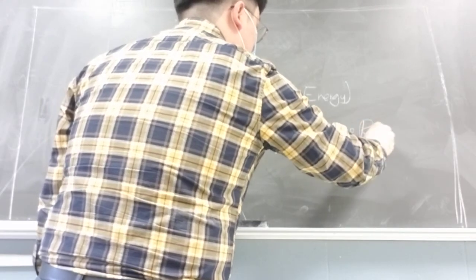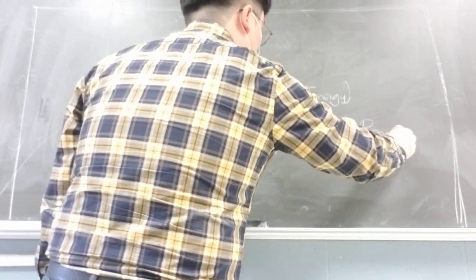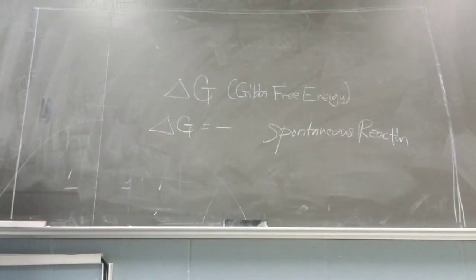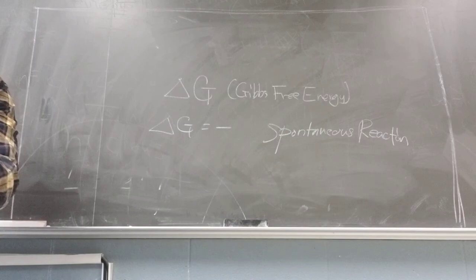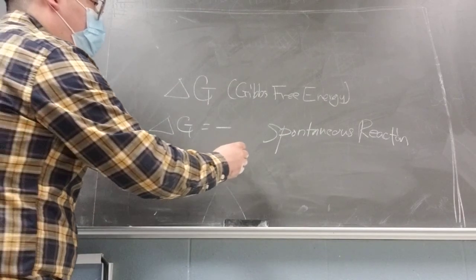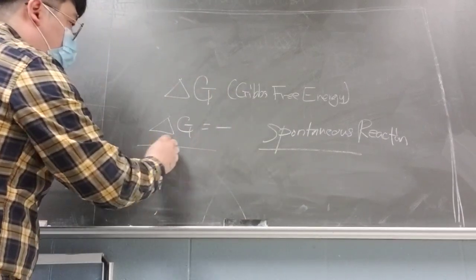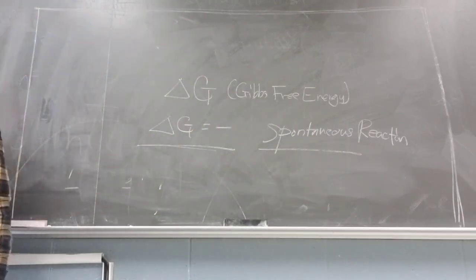Spontaneous reaction simply means that the reaction will happen almost automatically, you don't have to do anything. When you put them together, they'll just do the reaction almost right away, because they show a negative number for Gibbs free energy change.